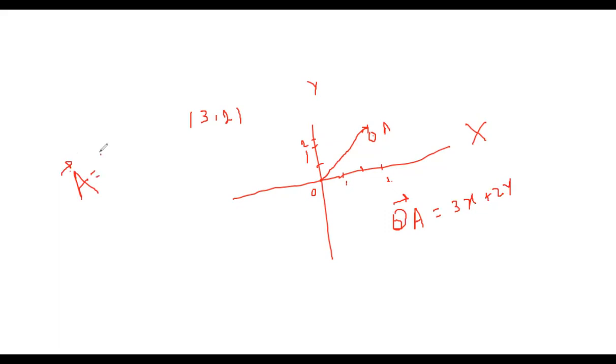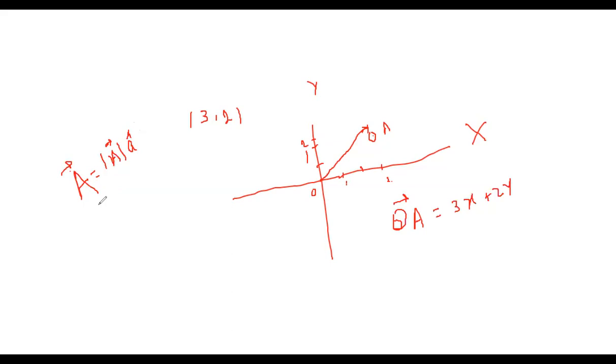A vector consists of magnitude and direction. I am saying it in words and writing it in symbols. So again I am repeating it: a vector consists of magnitude and direction.